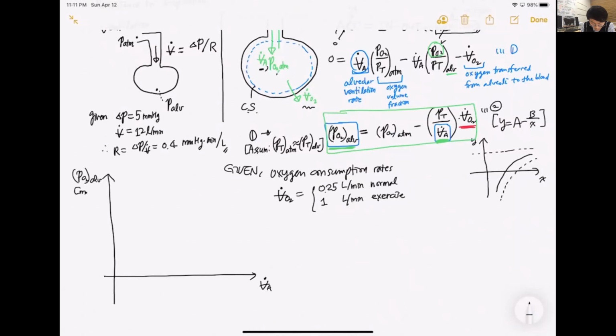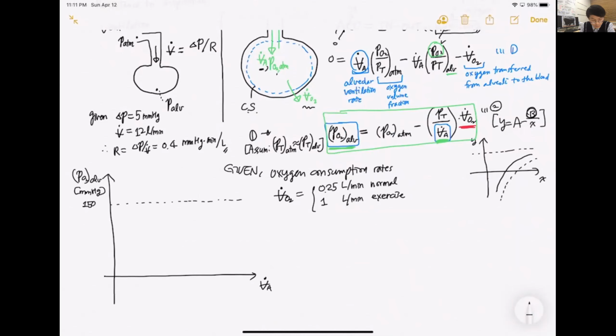Of course, the unit is mmHg, and the upper limit is about 150 mmHg.